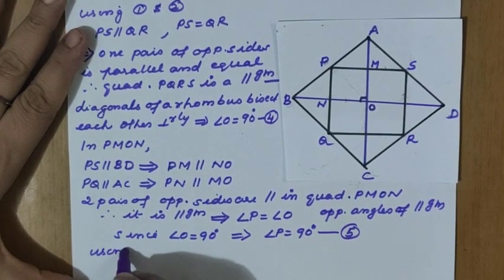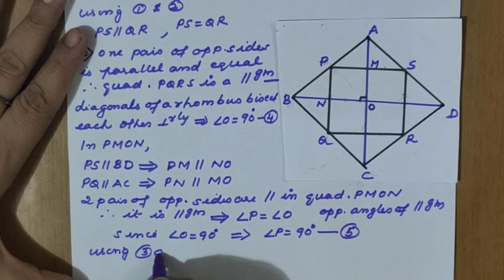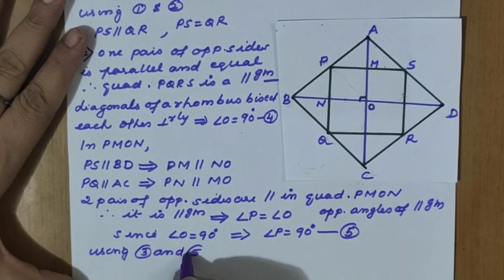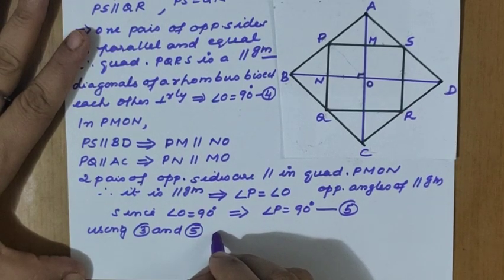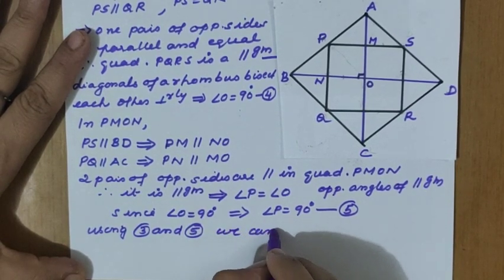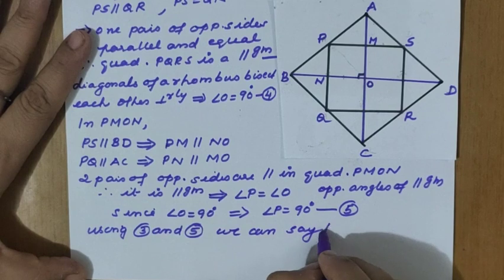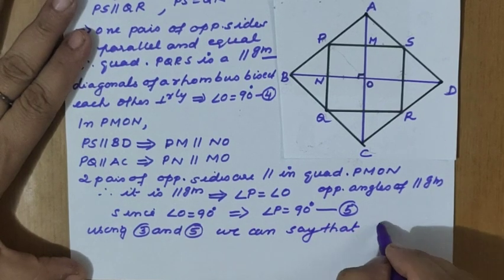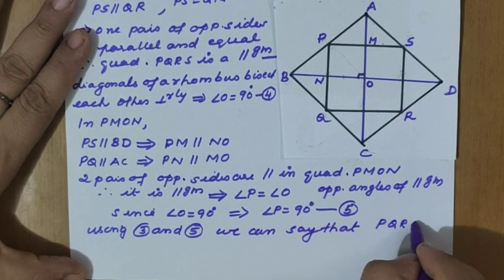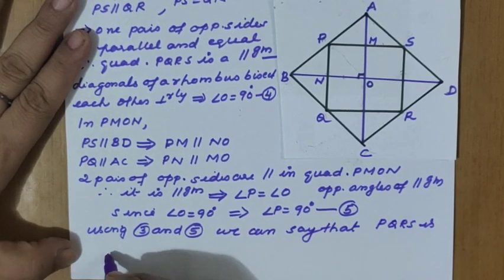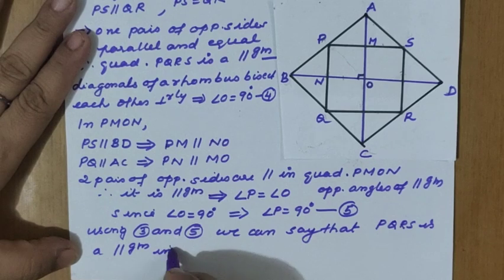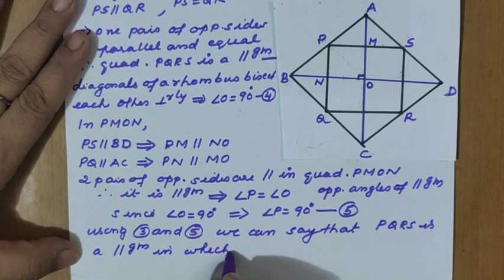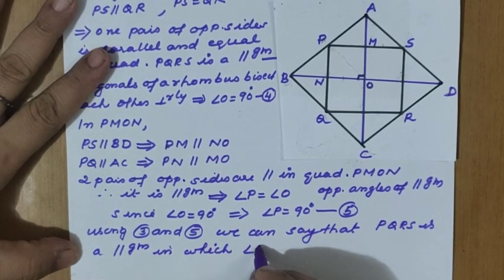Using 3 and 5 we can say that PQRS is a parallelogram in which angle P equal to 90 degree.